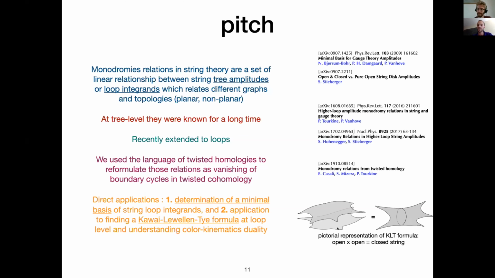It's pictorially how you glue open string amplitudes to closed string amplitudes. That has been done for a long time at tree level, but at loop level, there isn't really a working KLT formula. So we would like to uncover this. And for the experts, that connects to the color-kinematics duality program in field theory of Bern and friends. Okay, so that was the one slide pitch.